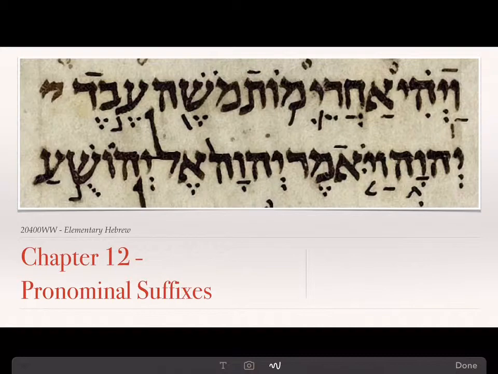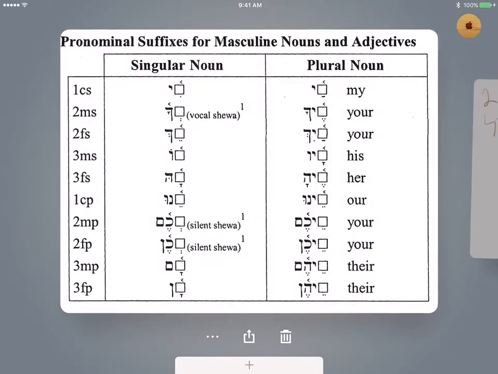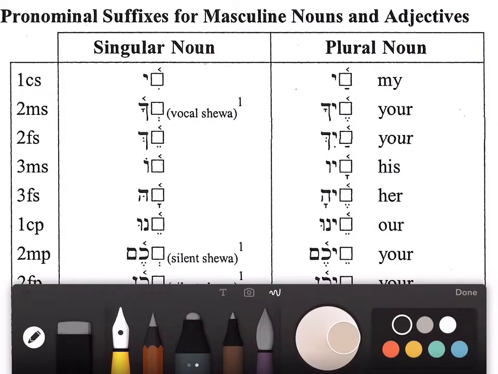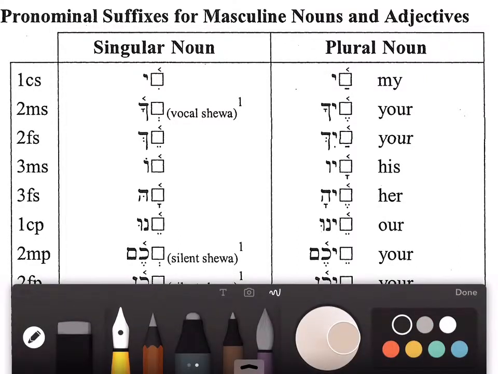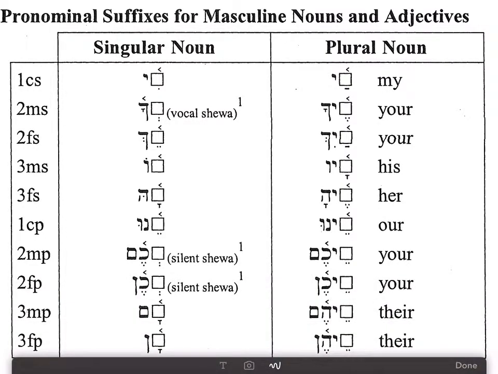And these can be a little bit tricky. Let's look at the chart here. What I want to show you related to the chart is that we have both a singular option and a plural option, okay?